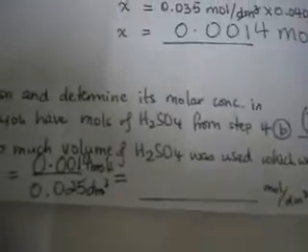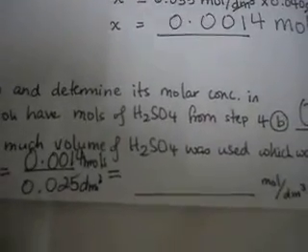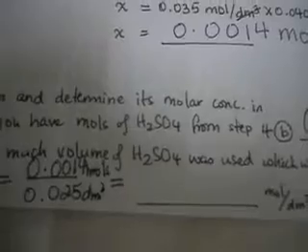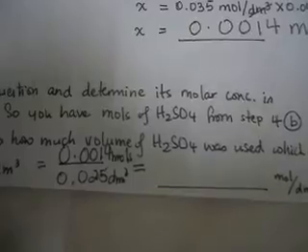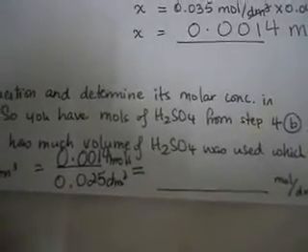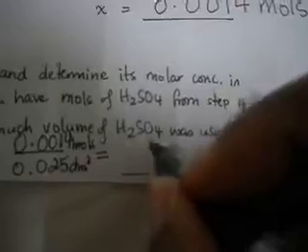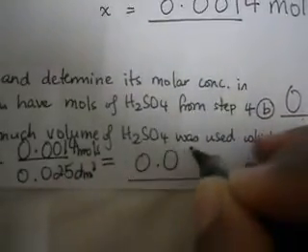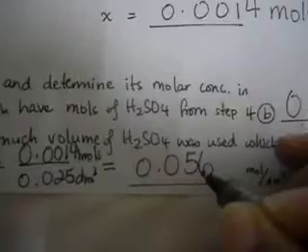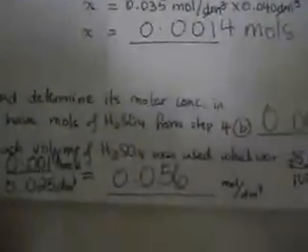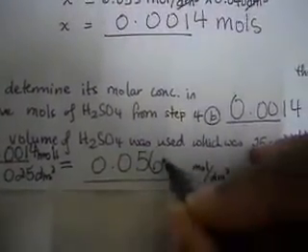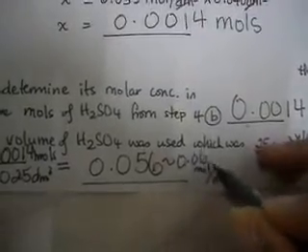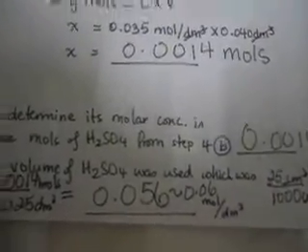So if we have that divided by 0.025, you're going to have a concentration of 0.056 mol/dm³. And that's your answer. So basically, you could round it off to 0.06 mol/dm³. And that's a wrap.